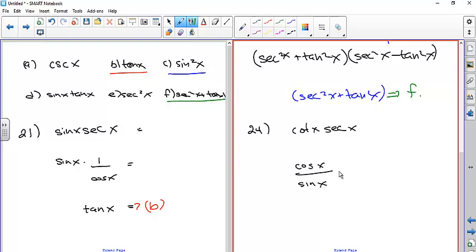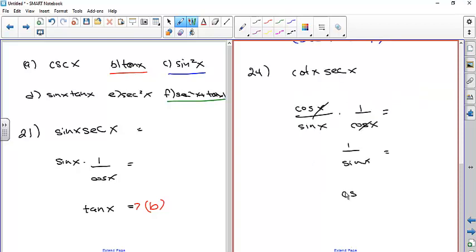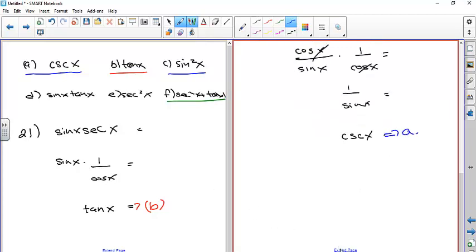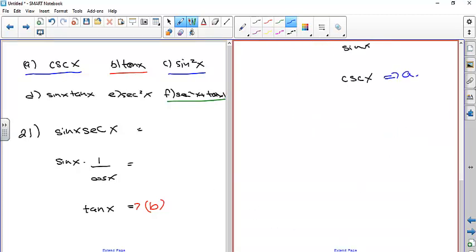So that's a quotient identity. The secant is 1 over the cosine. That's the reciprocal identity. These cancel out to be 1. You get 1 over the sine. But 1 over the sine is the cosecant. That's probably one of my choices. There we go, the first one here. So this corresponds to choice A, which we haven't used yet, so that works out good.